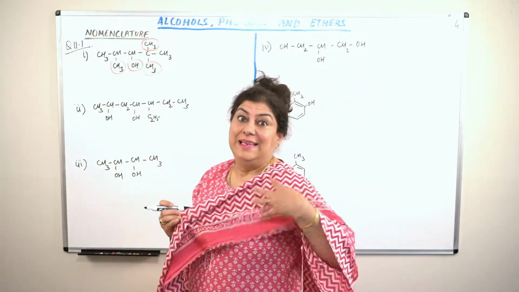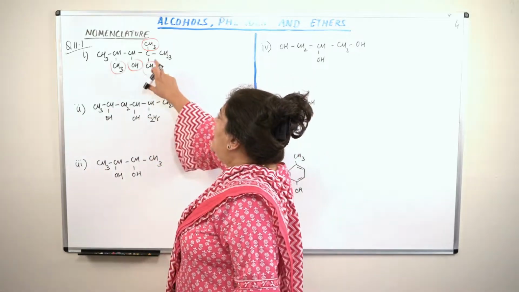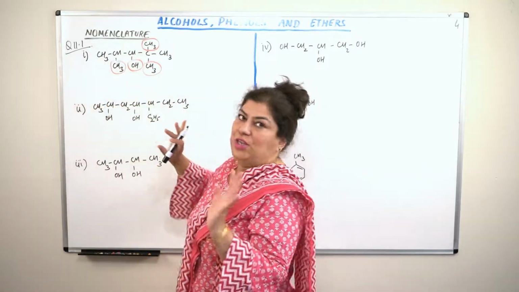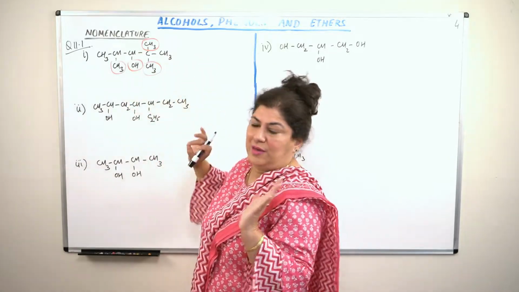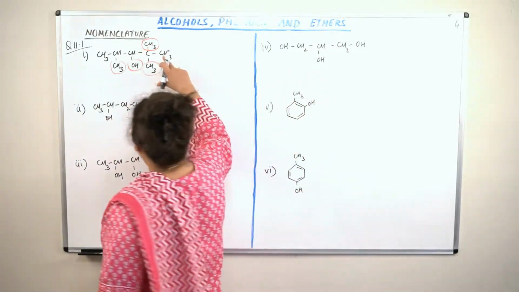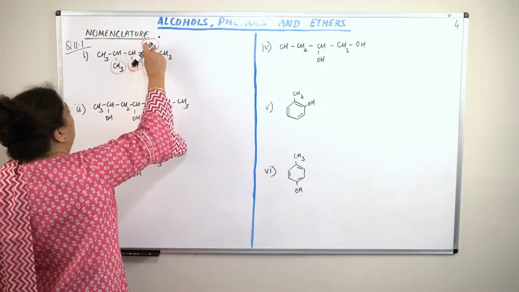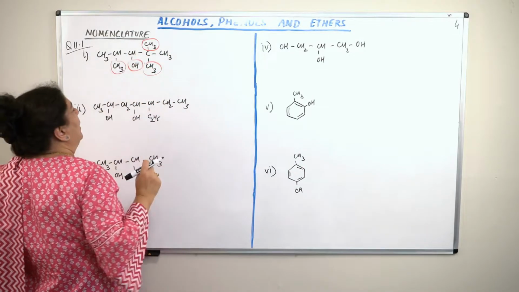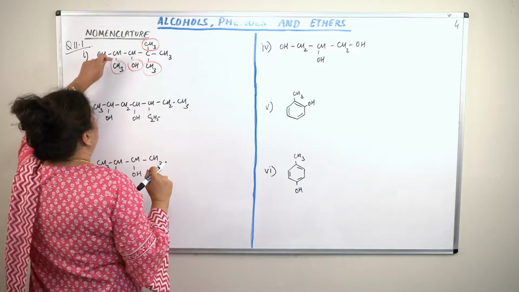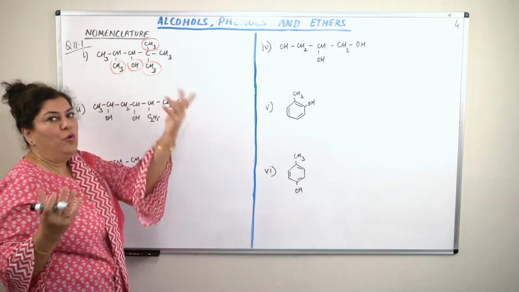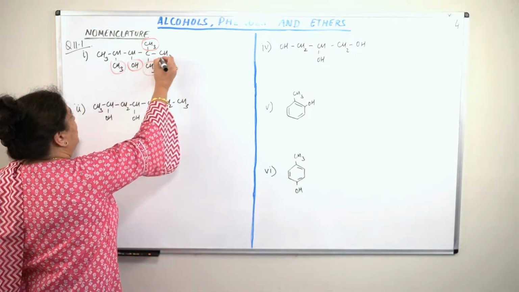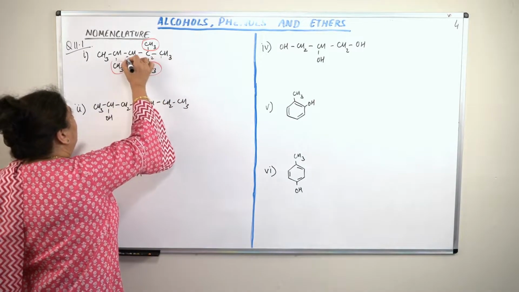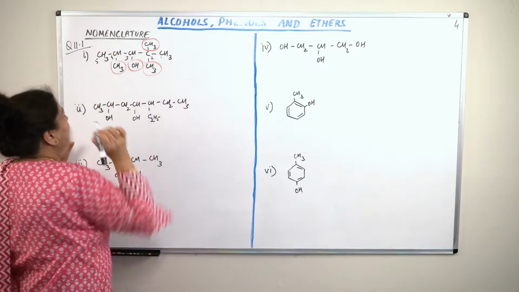It is pentanol, but the ol is not on the first carbon. If I count from this direction, my locants will be 2, 2, 3, 4. But if I count from this direction, it will be 2, 3, 4, 4. Obviously, 2, 2, 3, 4 is smaller. So I'll count from this direction. This becomes carbon 1, 2, 3, 4 and 5.